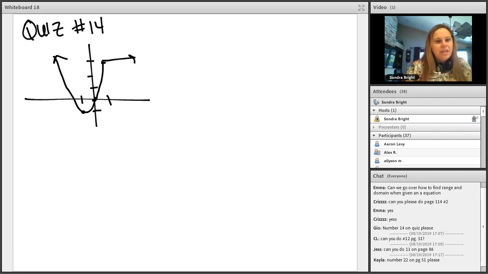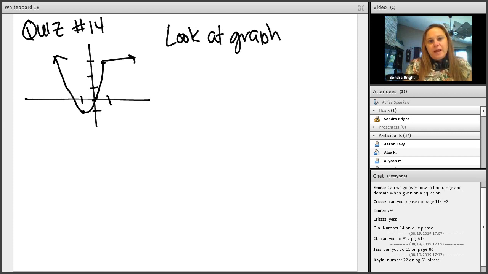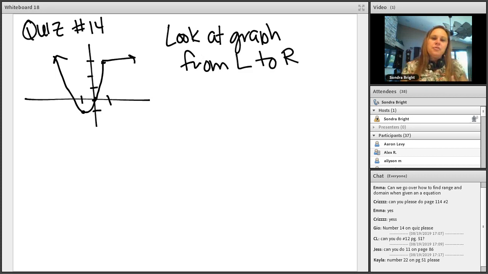Okay, so when you're talking about increasing, decreasing, or constant, you always look at the graph from left to right, because it's always as x is increasing, right? As you're going this way, you can see that your y values are getting smaller, smaller, smaller until you reach right here.